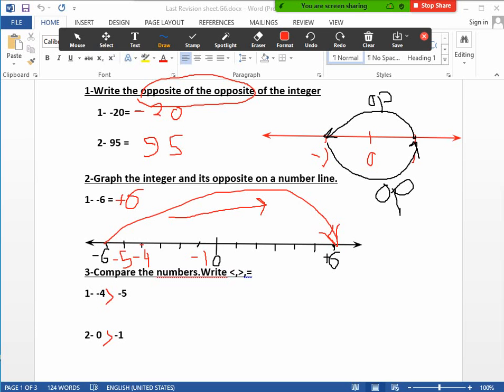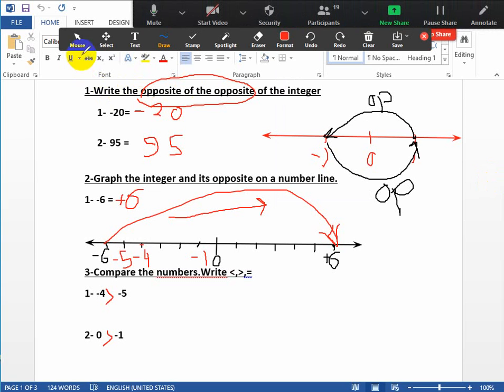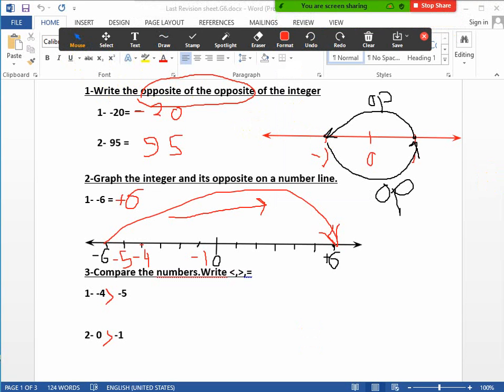Did you write the answers? Okay. Let's move now to the next exercise. I will erase those first.